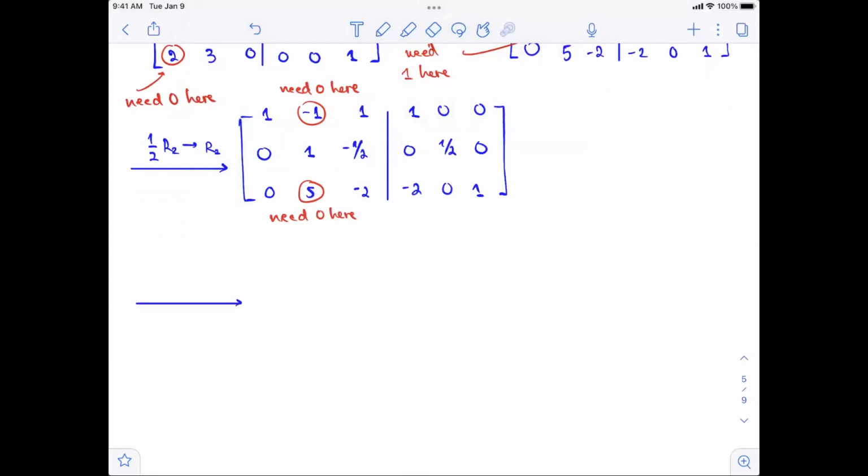Okay, so to turn negative 1 into a 0, what you do is you borrow row 2, right? So 1 times row 2 plus row 1, to create a new row 1. So row 2 remains the same.